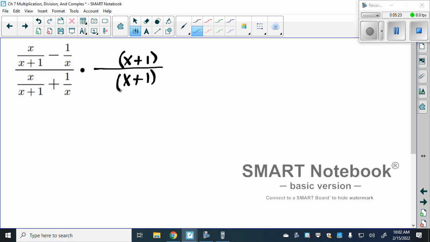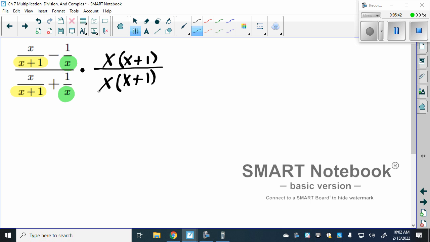Because the x plus 1, put a highlighter, will simplify these two denominators here. Do we need anything else? Because the x would simplify those two there.